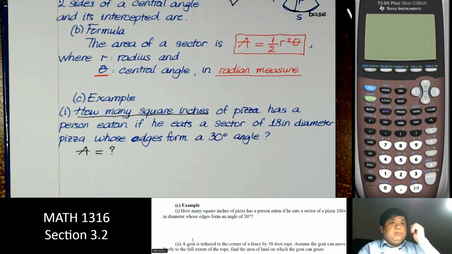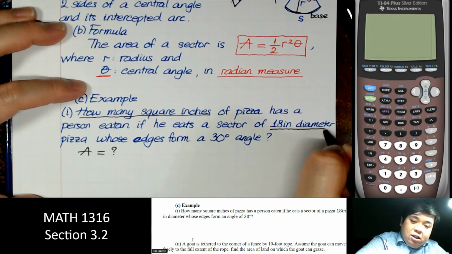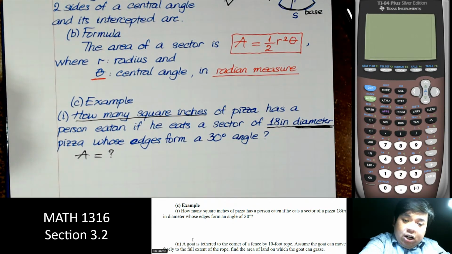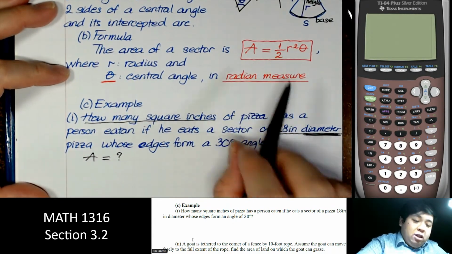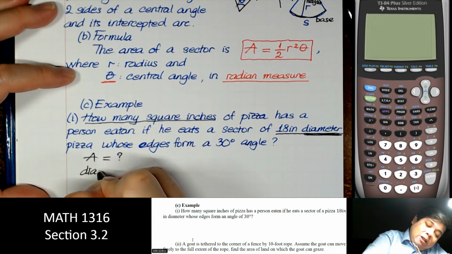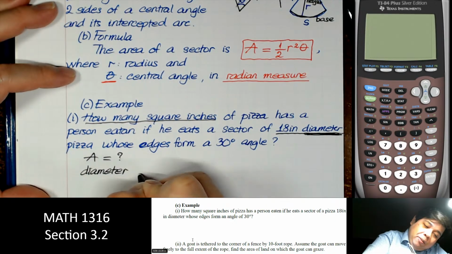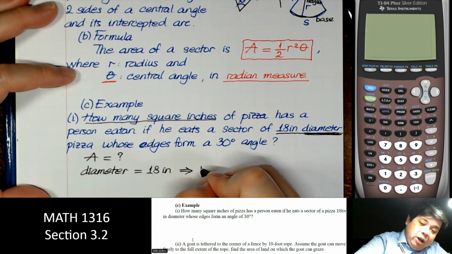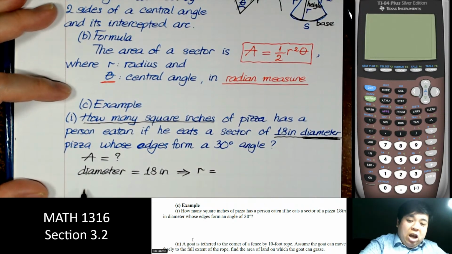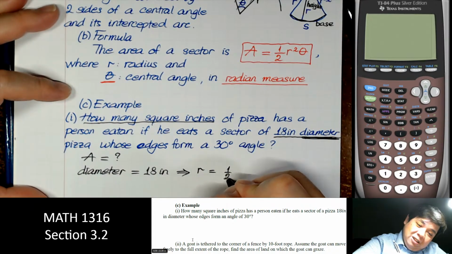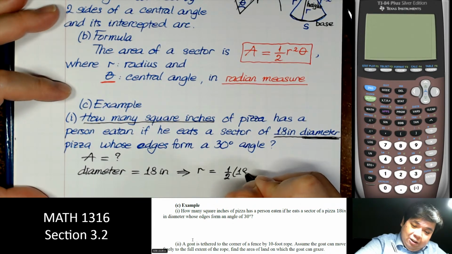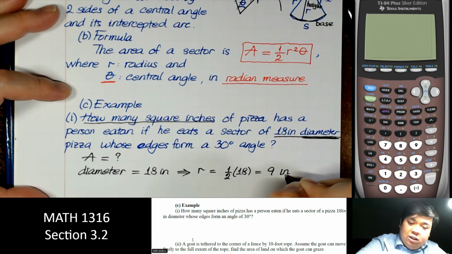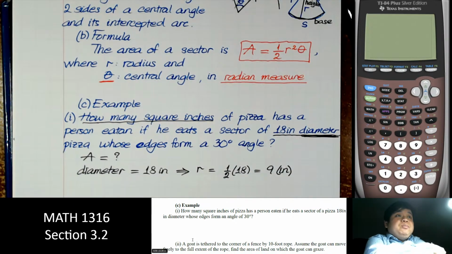Right, so what do we have? 18 inches in diameter. The problem is this is not the radius, and in the formula we need the radius. So the diameter is equal to 18 inches, meaning the radius is half of the diameter, so it will be 9 inches.